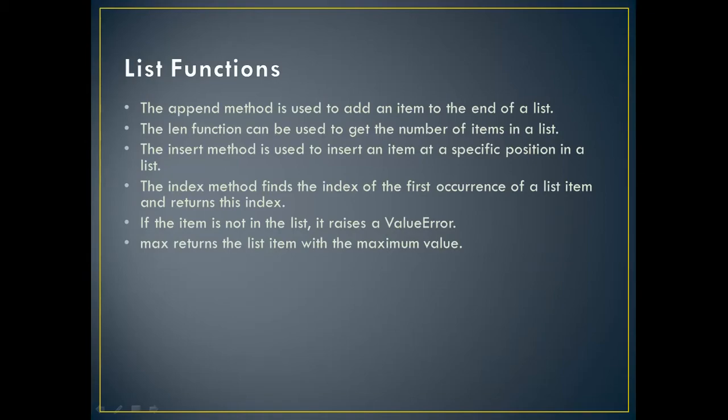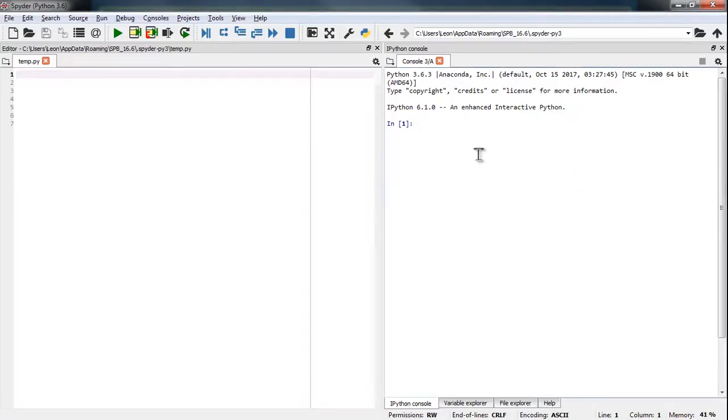Max returns the list item with the maximum value. Let me just create another my list here with elements in random order: 4, 2, 7, 1, 9, 8. If I use the max function, I can get the element which is the maximum in the list, the highest element in the list.